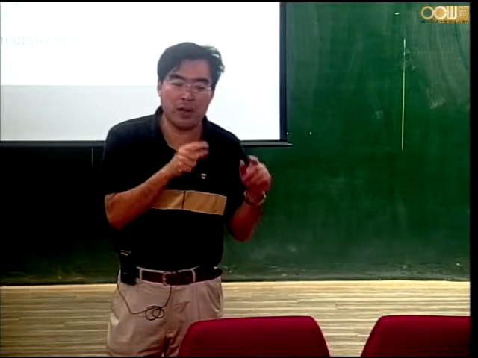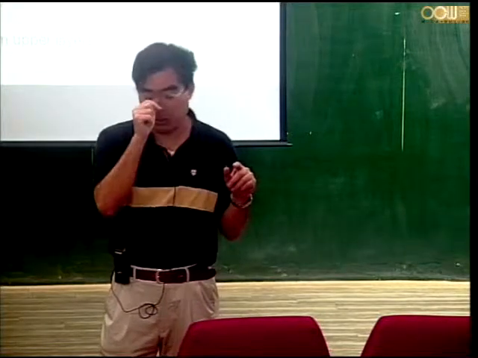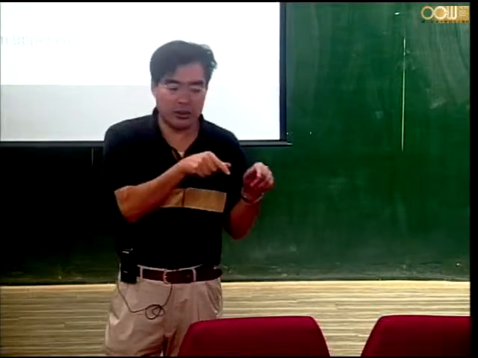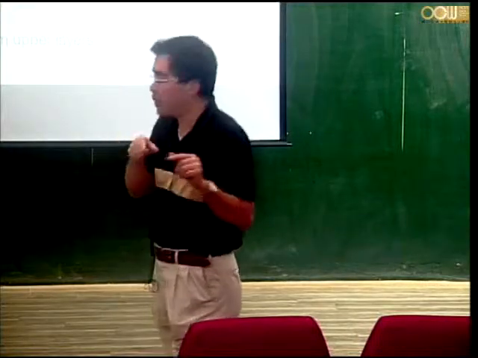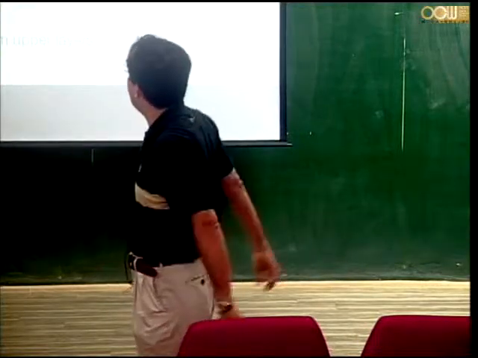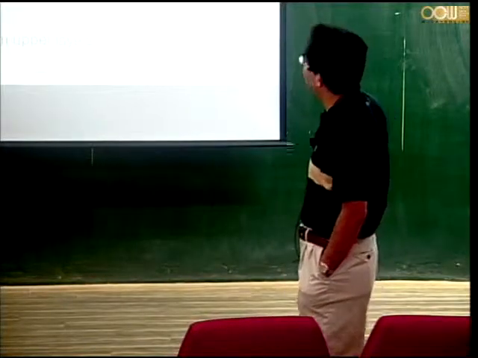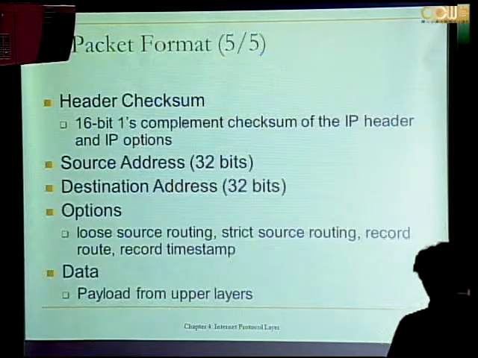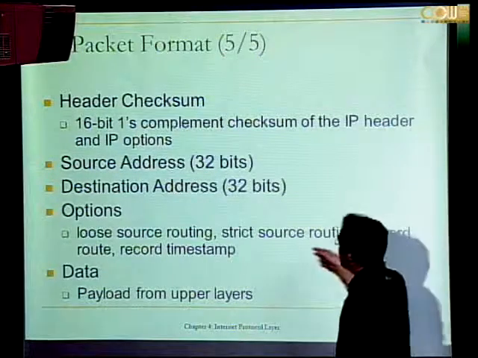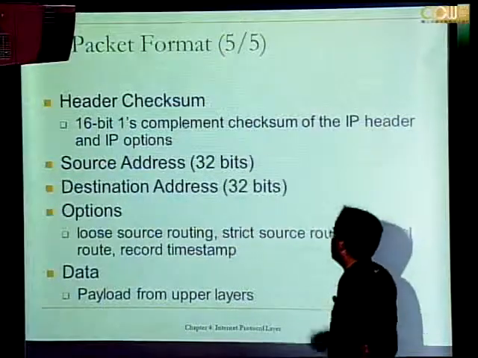So I just need to follow the instruction by the source, which is in the option field. Then I follow the instruction to forward the packet to the next router. Then I don't look up the routing table. And this is called strict source routing.